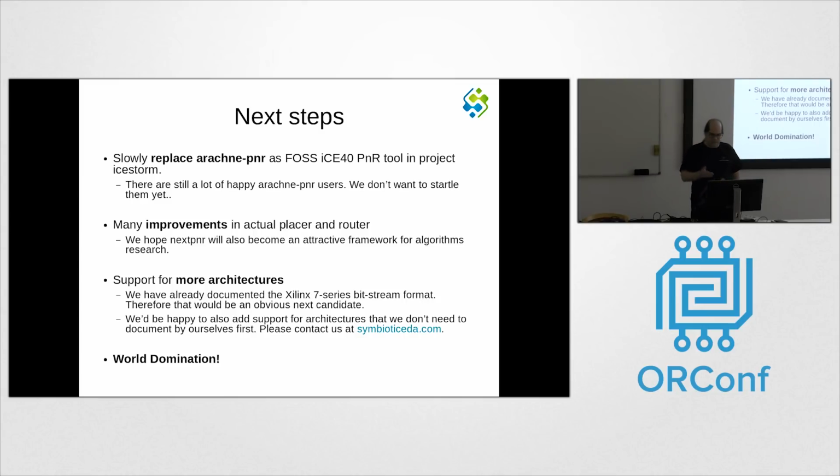And I think the main advantage here is that we can actually target real-world devices, and I think it's a much more convincing argument if you have a new algorithm that you can demonstrate the usefulness of your algorithm on a real-world device and not just a made-up device. Okay, and of course support for more architectures, and then at one point world domination.